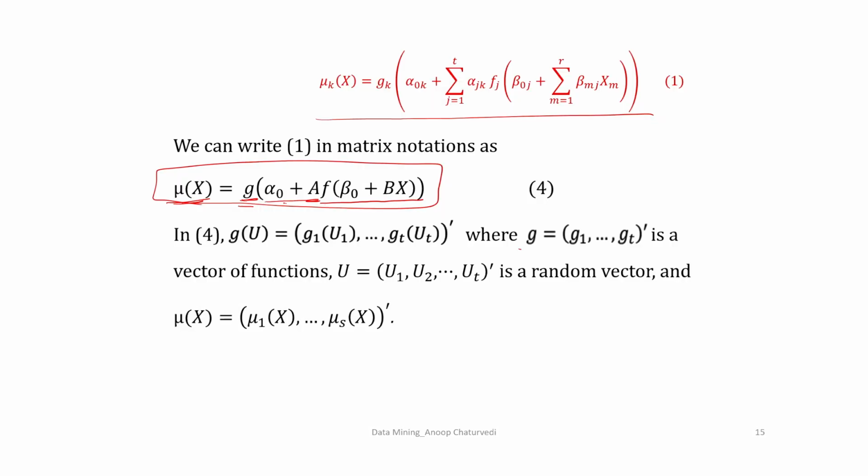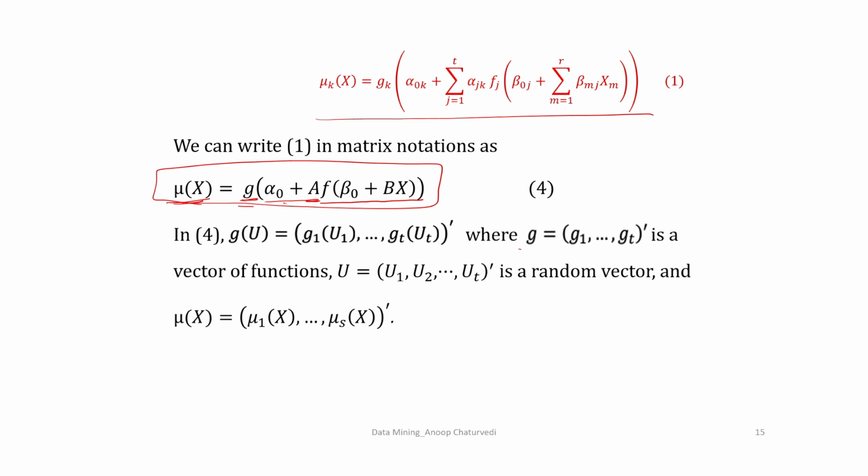So, ultimately you can write mu k of x equal to g k of alpha naught k plus summation j equal to 1 to T alpha jk f j of beta naught j plus summation m equal to 1 to R beta mj x m, and then we write this equation using matrix and vector notations.